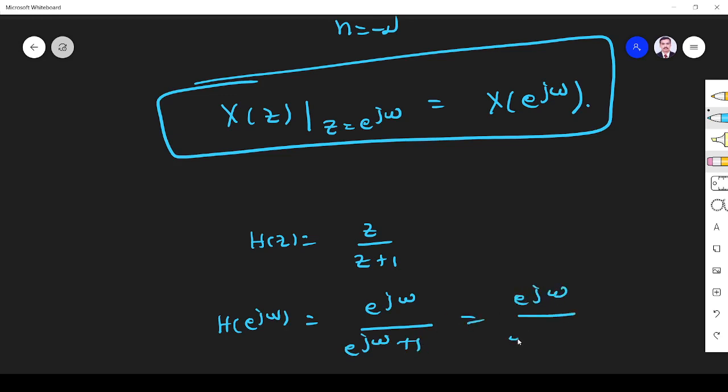Take e power j omega outside, so the denominator is e power j omega times 1 plus e power minus j omega, right? So this is the DTFT. In that way you can find the DTFT from the Z transform.